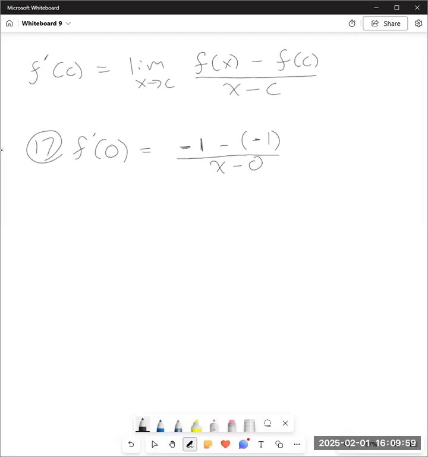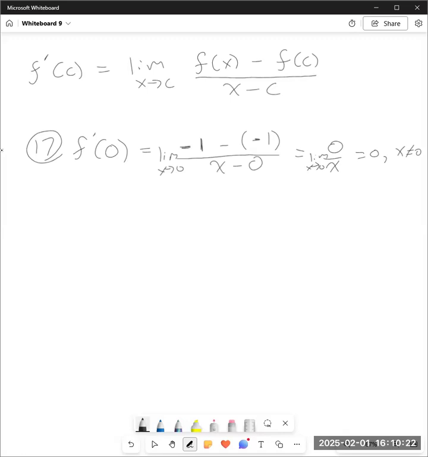So this comes out to be 0 over x, which is equal to 0 as long as x is not equal to 0. And that's fine because we are approaching 0, but not ever getting there.